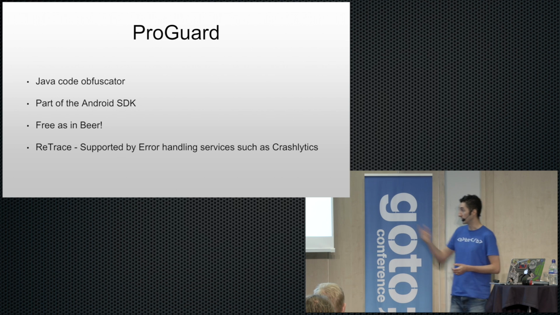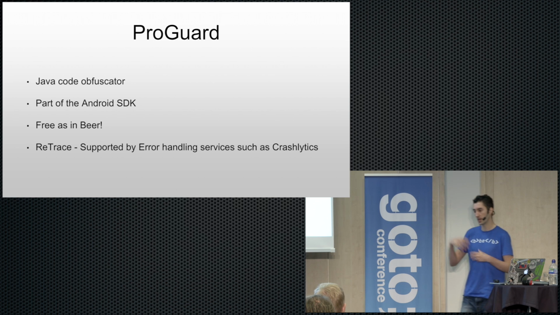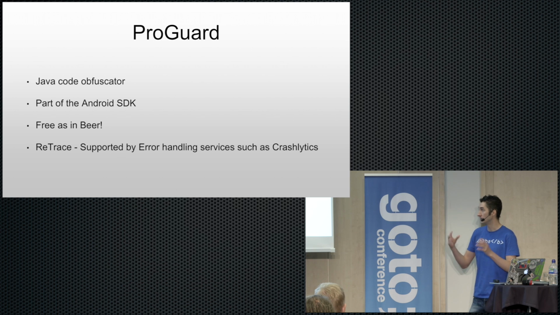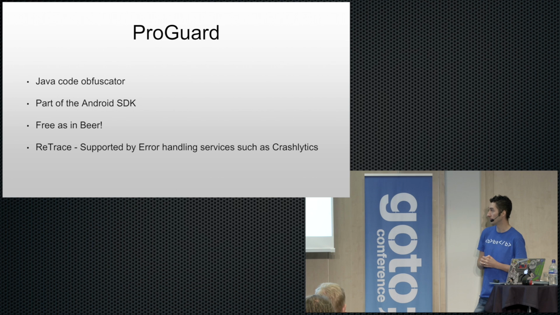That's why ProGuard has a tool called retrace, which takes the output from ProGuard, your mappings file, and you can use it with your stack trace and turn it back into a sensible stack trace with line numbers and proper names for your classes and methods.